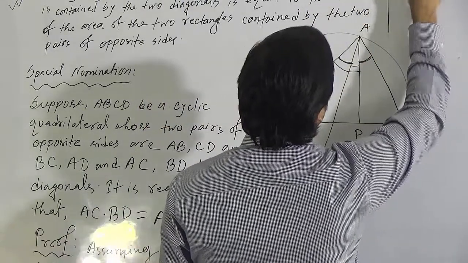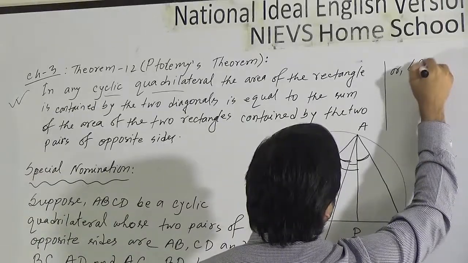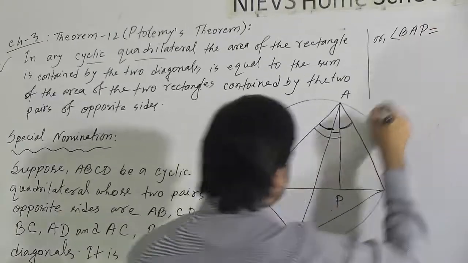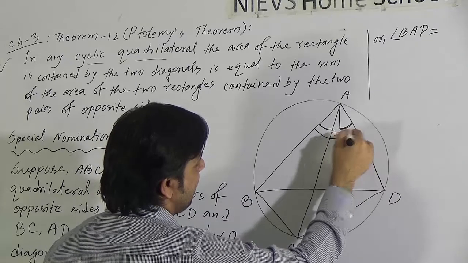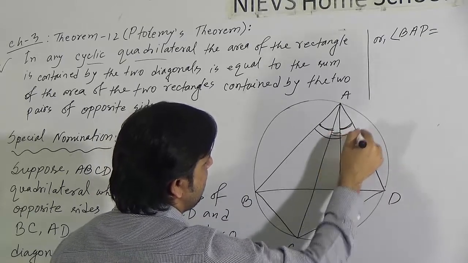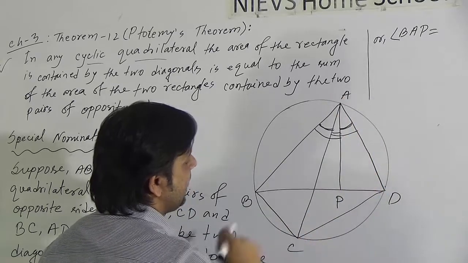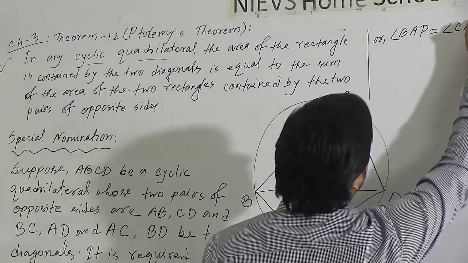Therefore, angle BAP is equal to, now if we add this portion with this angle, then this will be angle DAC or CAD. We can write CAD.